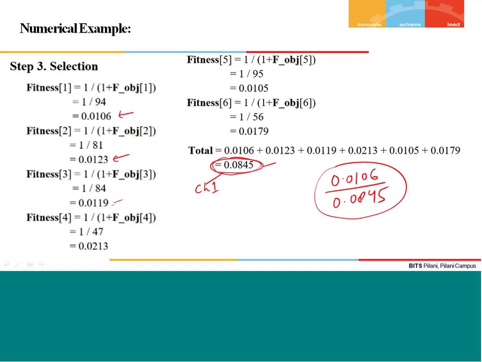So the effective percentage given by chromosome 1 is this. Similarly, for chromosome 6, the effective percentage is 0.0179 divided by 0.0845, right? Likewise, you will calculate the different percentages or probabilities contributed by these chromosomes.